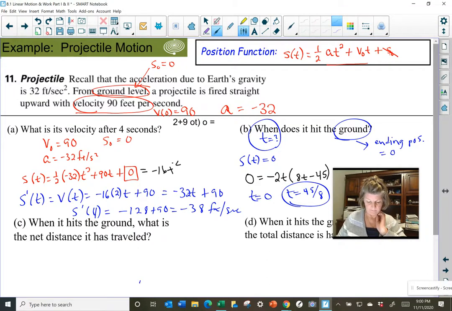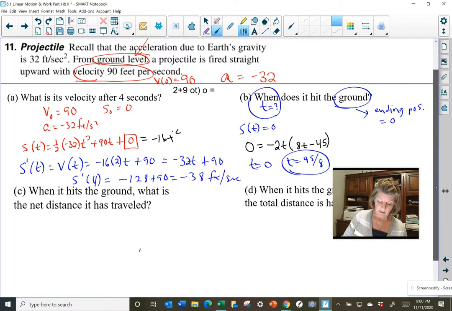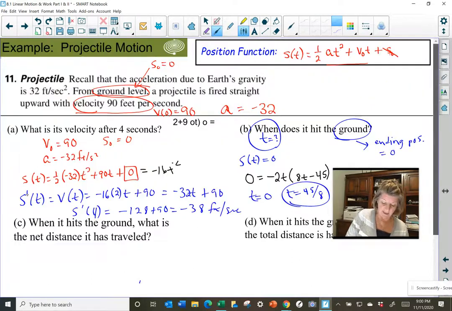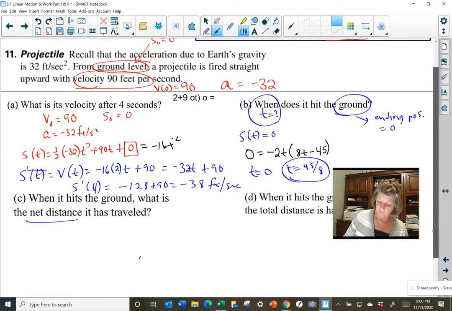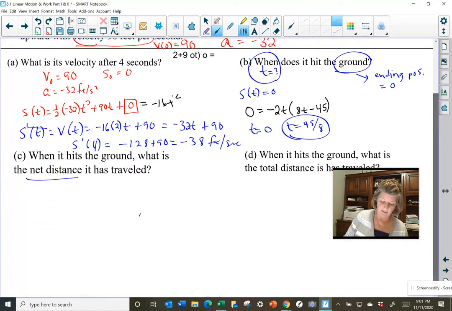When it hits the ground, what is the net distance it has traveled? So net distance, obviously, our function goes up and then back down.